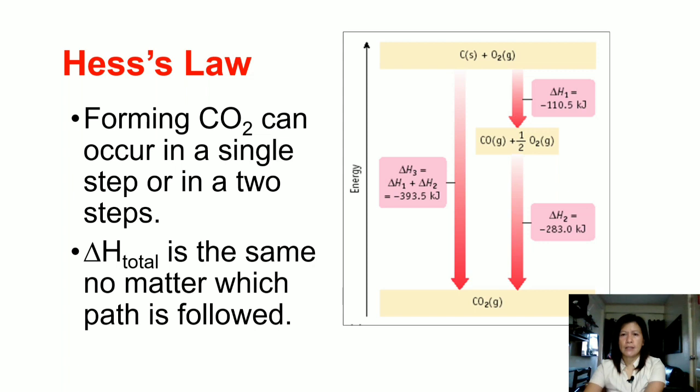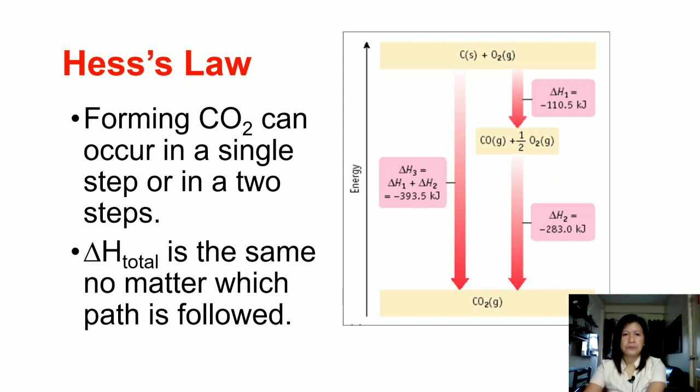One is the reaction between solid carbon and oxygen gas, forming initially carbon monoxide. Carbon monoxide is the initial product, and then that reacts further with a half mole of oxygen gas, producing finally carbon dioxide.